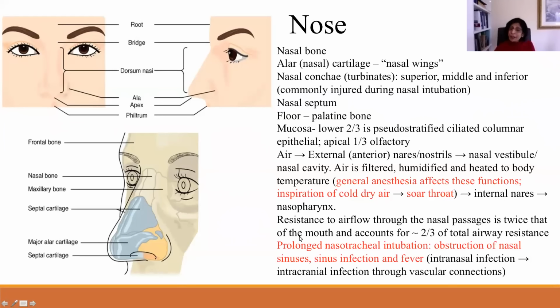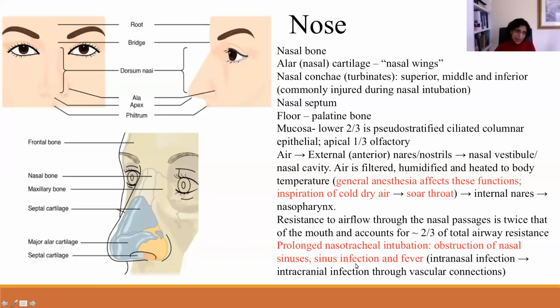All right, resistance to airflow through the nasal passageway is twice that of the mouth, and accounts for about 2/3 of the total airway resistance. That's quite a lot of resistance right here in the nasal passageway. Now, another key thing to make a note of is that prolonged nasotracheal intubation could cause obstruction of the nasal sinuses, correct?